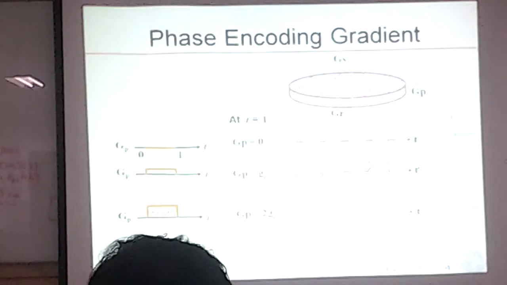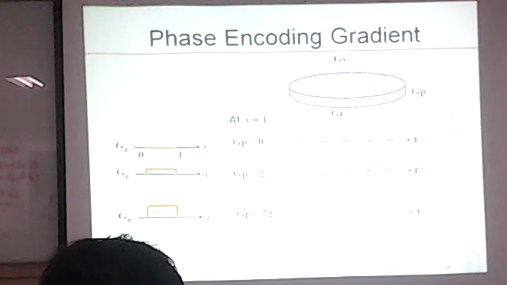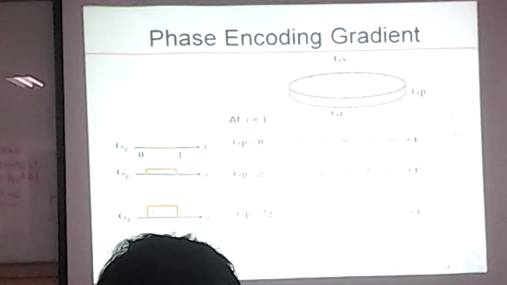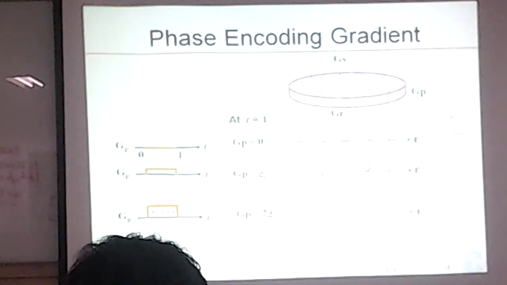So using a zero phase encoding gradient, this signal is acquired with the readout gradient, and after that, the slice selection and the phase encoding gradient will be applied using a different phase encoding gradient.